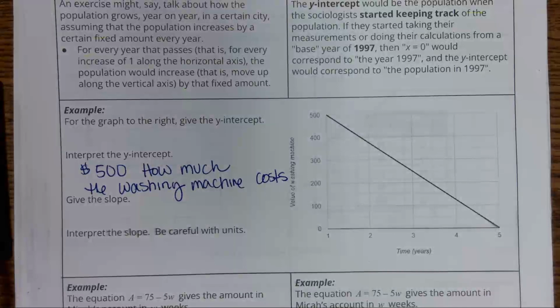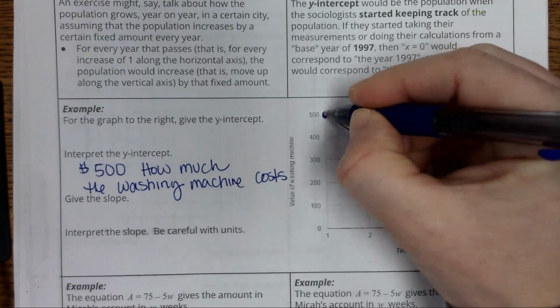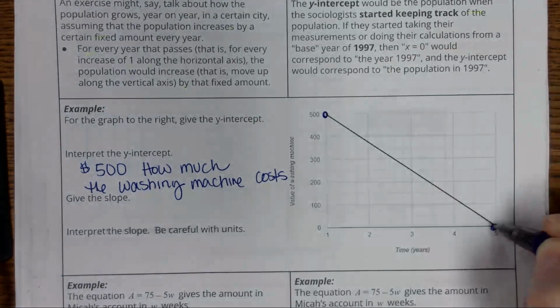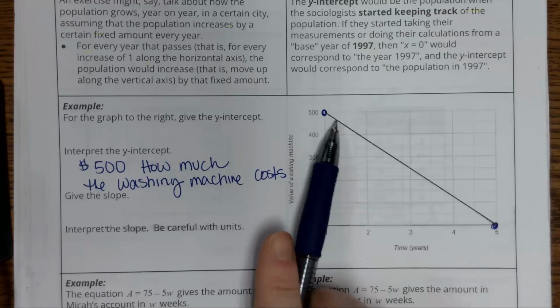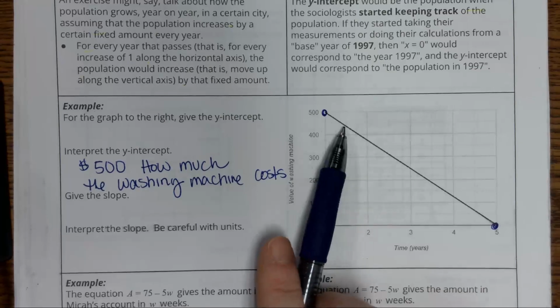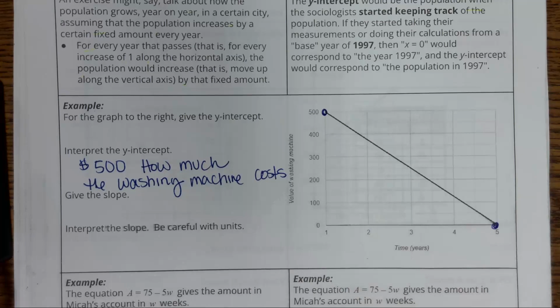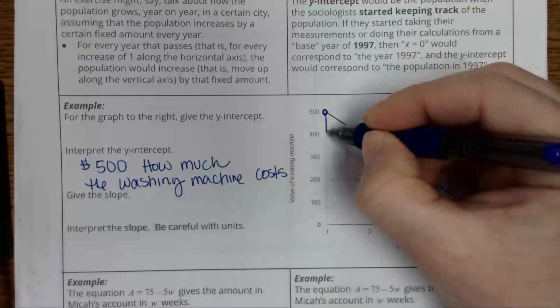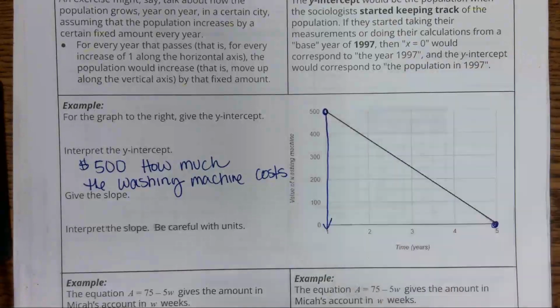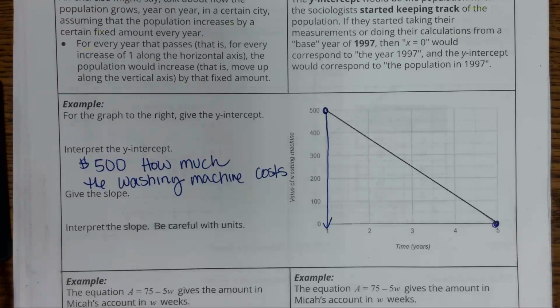All right, let's see if we can figure out the slope here. I think the easiest thing is to go from here all the way down to here, because I don't see that this, some of you tried to do this on your quiz, it doesn't hit really any grids perfectly, and then I'm estimating. If I said rise over run, how far down does that go? Don't even look at the tick marks.